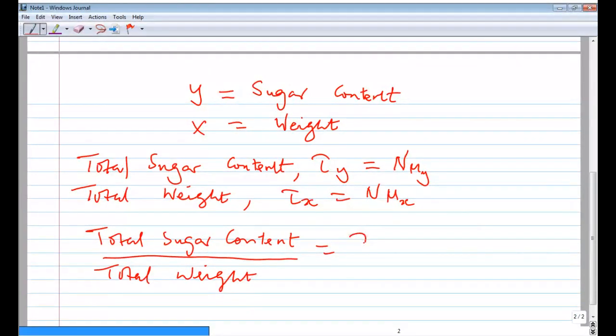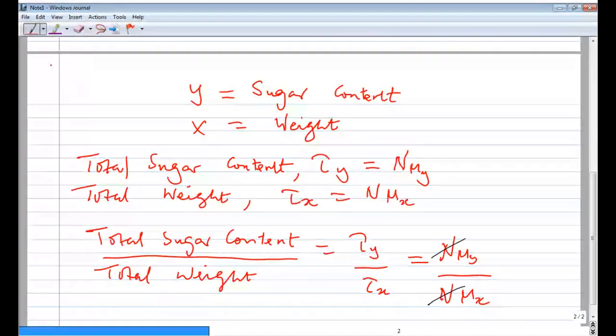In other words, it's tau y over tau x, which is equivalent to what? Tau y is equal to N times mu y, and tau x is equal to N times mu x. Then the N cancels out. Then we're left with mu y over mu x.